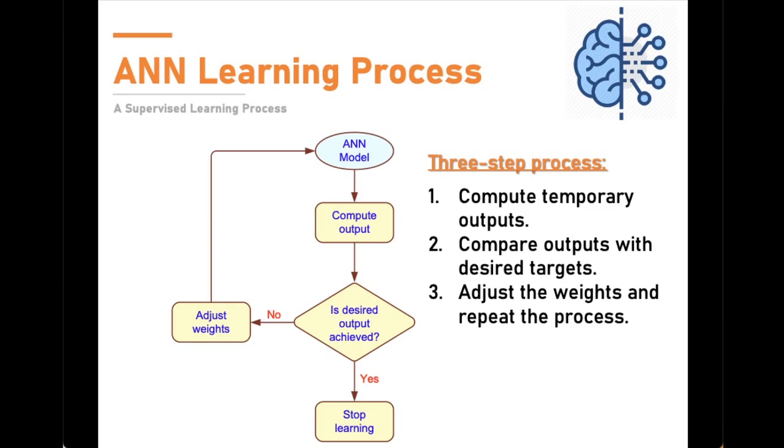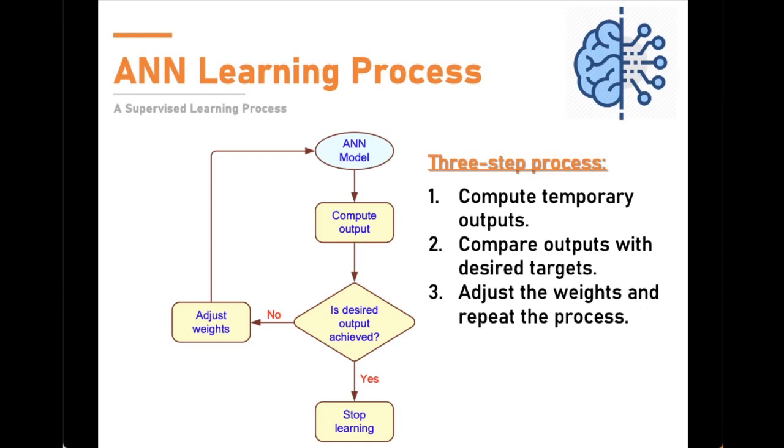Supervised learning involves training the network using labeled data, where the inputs are paired with their corresponding desired outputs. Supervised learning includes mainly 3 steps: compute temporary outputs, compare outputs with desired targets, and adjust the weights and repeat the process.